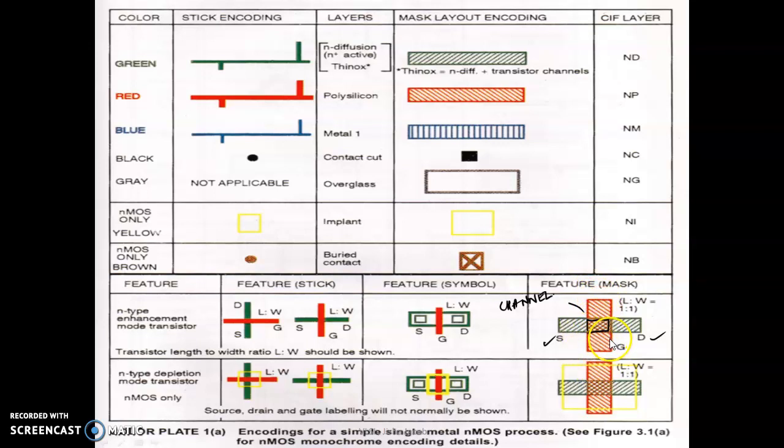One more point, if anywhere in your layout polysilicon crosses diffusion, even if by mistake, then it would be interpreted as a transistor being formed. So, if you don't want a transistor to be formed, do not cross polysilicon over diffusion. Keep that in mind, very important. Okay.